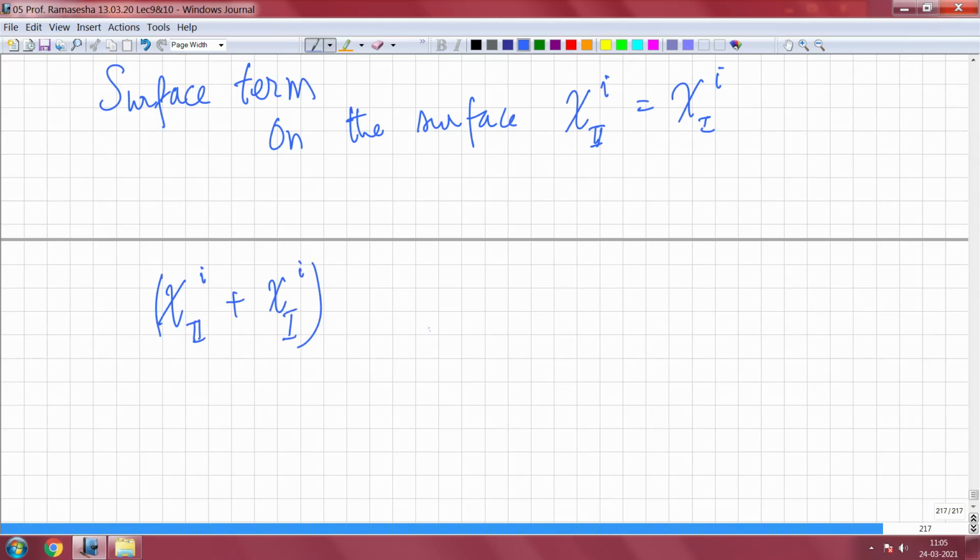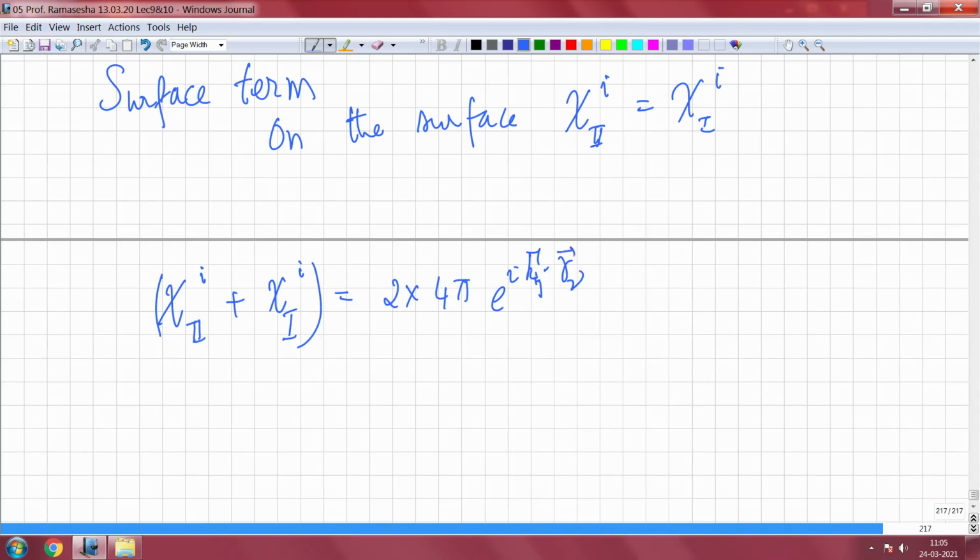This is given by 2 into 4 pi, because I am assuming that we are doing the expansion of the basis set in terms of spherical harmonics.